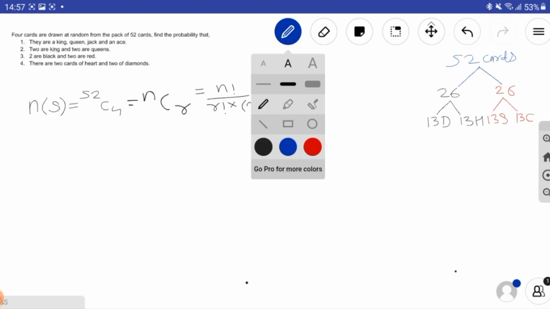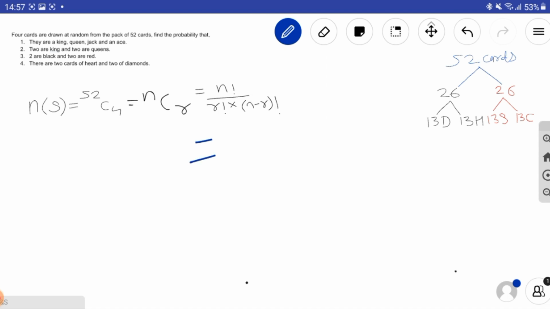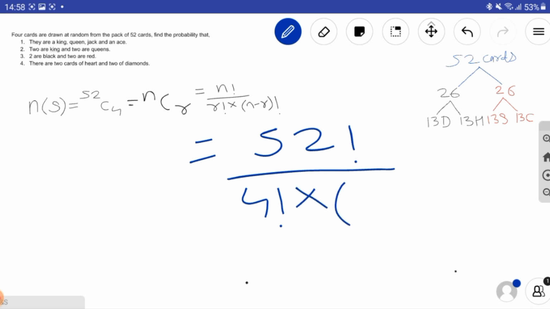Here n factorial is 52 factorial, our r is 4, so 4 factorial multiplied by 52 minus 4, that is 48 factorial.